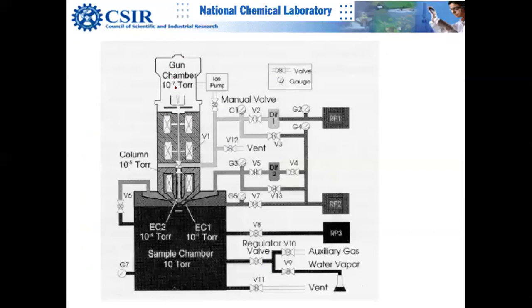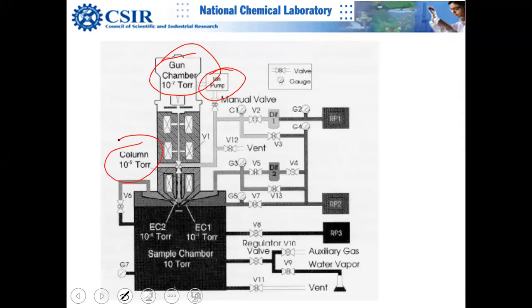If you see here, the pressure is quite low. Basically it's a high vacuum, ultra high vacuum, 10⁻⁷, and then they start increasing the pressure step by step. They put the pressure limiting apertures. You can see there is an ion pump, and so they relax these conditions. You can see that it has come down to 10⁻⁵.